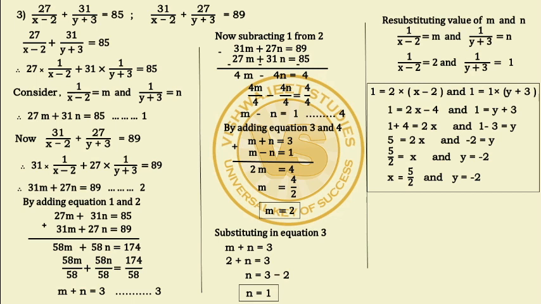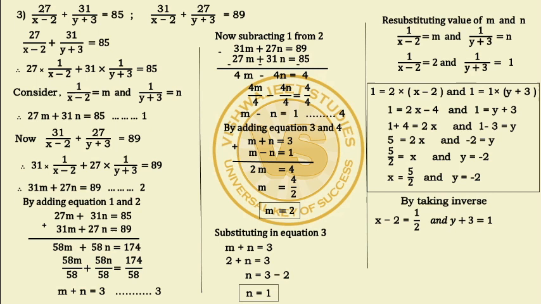Before that, the first method we have shown in the box, and the second method we are going to use after the step 1 upon x minus 2 is equal to 2 and 1 upon y plus 3 is equal to 1. After that step, we are going to take inverse of both sides.